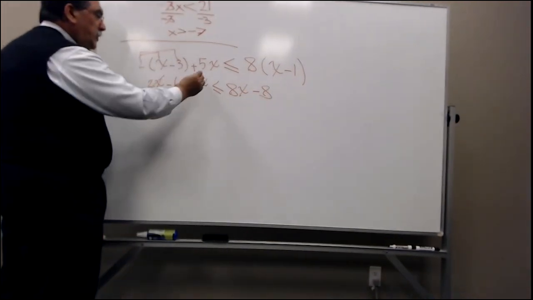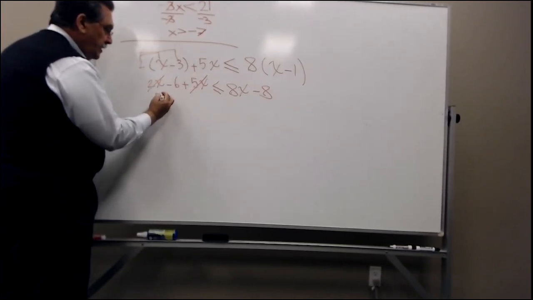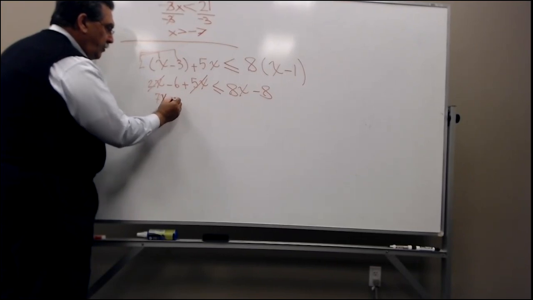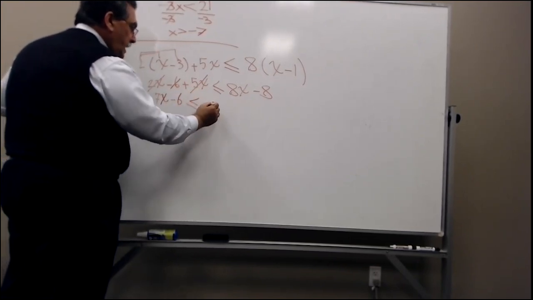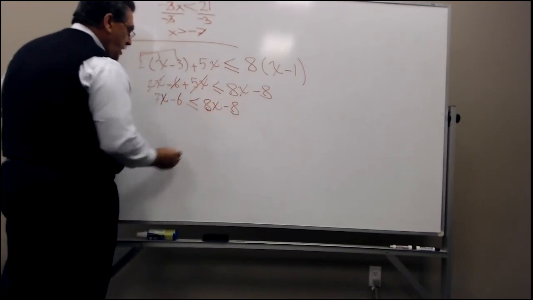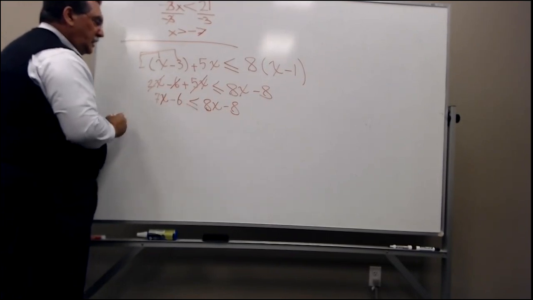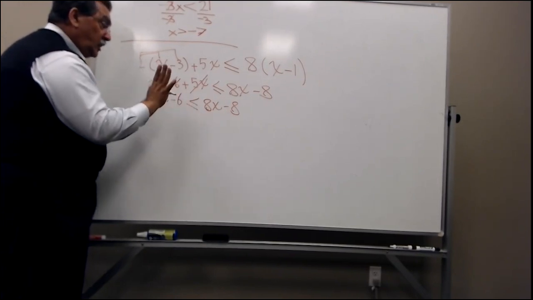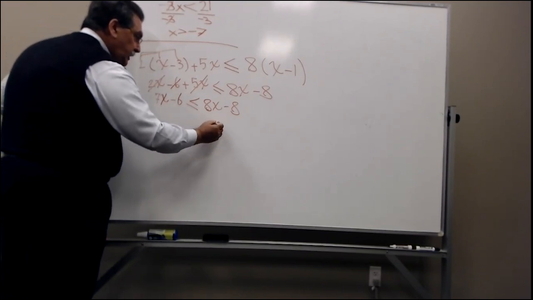Okay. 2x plus 5x, I have 7x minus 6 less than or equal to 8x minus 8. So I want to bring all the x to one side. Again, I'm not multiplying or dividing. I can subtract 8x.